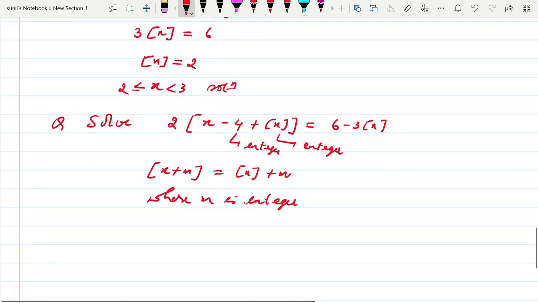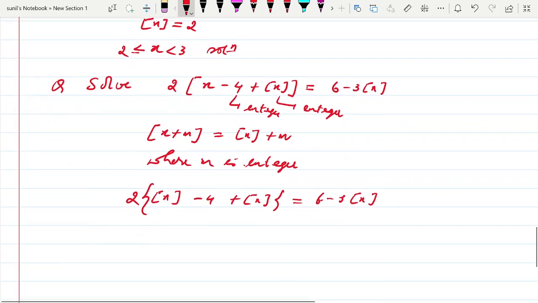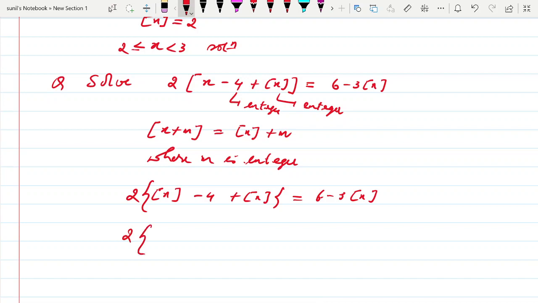So we can write this as twice bracket of x minus 4 plus thrice bracket of x. This is nothing but 2 times 2 bracket of x minus 4, equal to 6 minus thrice bracket x.